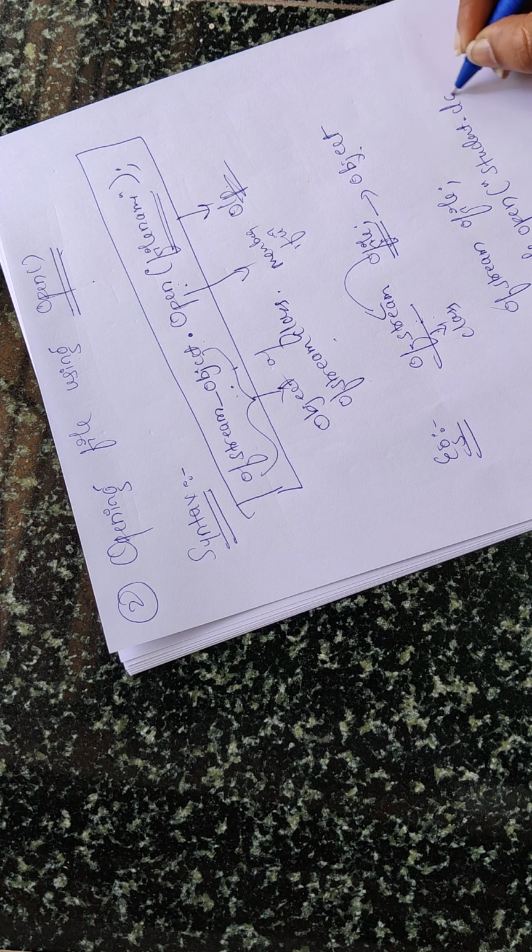I'll give the titles as purpose, which is for what purpose you are opening, then using constructor, and then using open member function. These are the 3 titles. The purposes are input, output, or both, that is the fstream class, with syntax and example using the constructor and using the open member function.